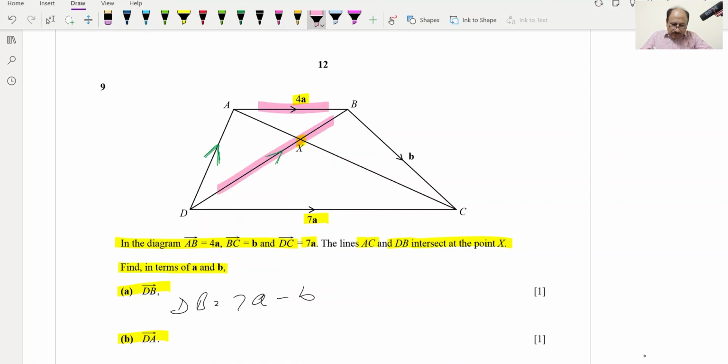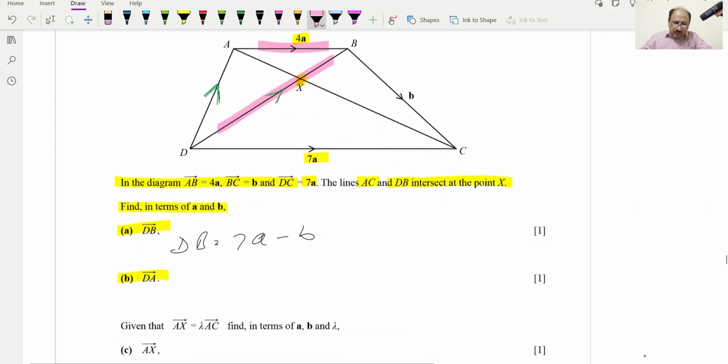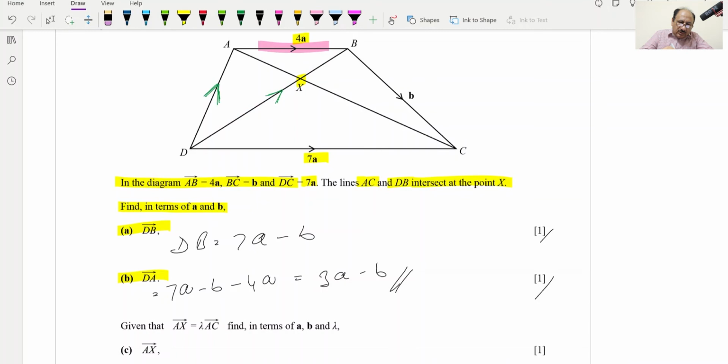So it will be 7a minus b, so we can write over here, this will be 7a minus b minus 4a, and adding like terms, it will be 3a minus b. This will be the final answer. So these are 1 mark parts which we are done. I will be erasing the extra highlighting.